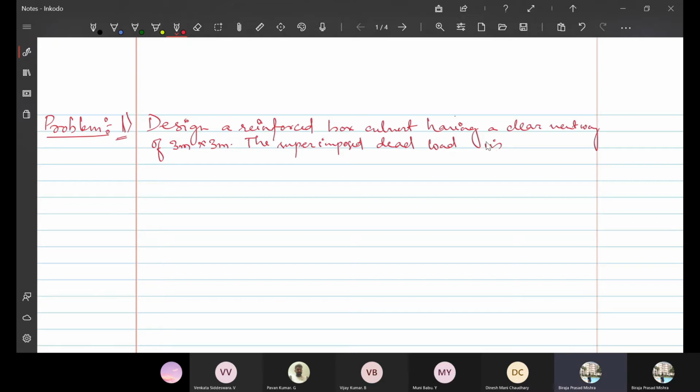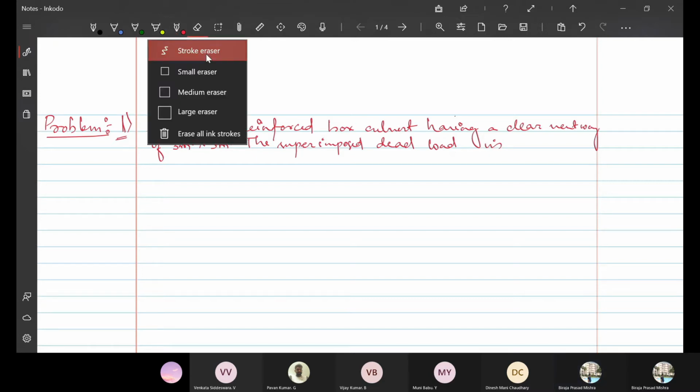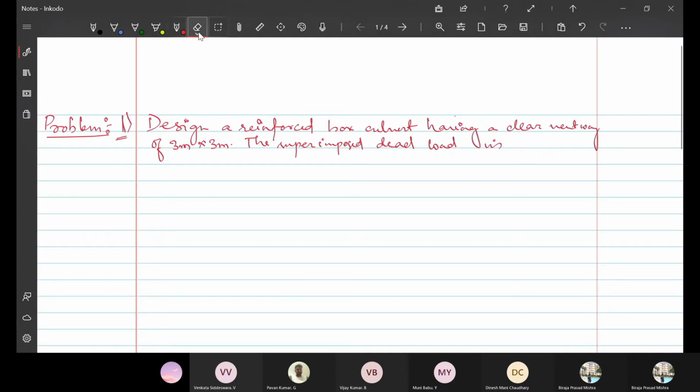Dead load basically, or I can say like this, dead load on the culvert is 12.8 kilonewton per meter square.